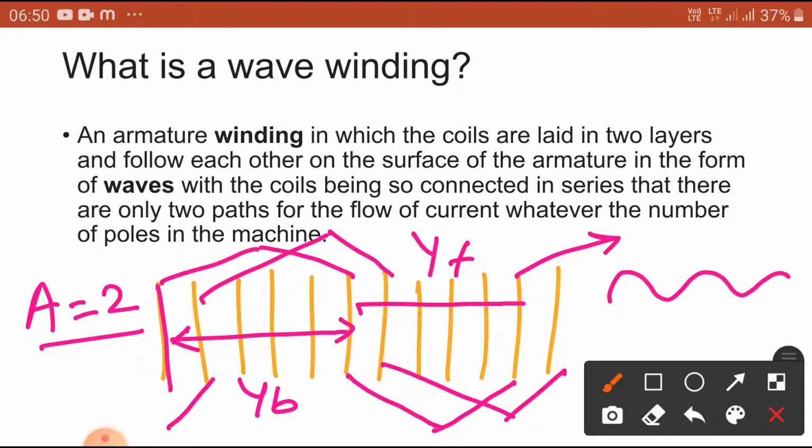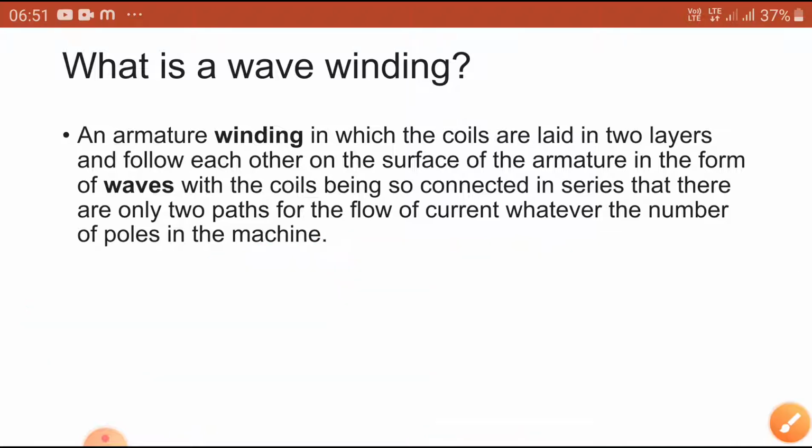So the surface of the armature is in the form of waves, with coils so connected in series that there are only two paths for the flow of current, whatever the number of poles in the machine.